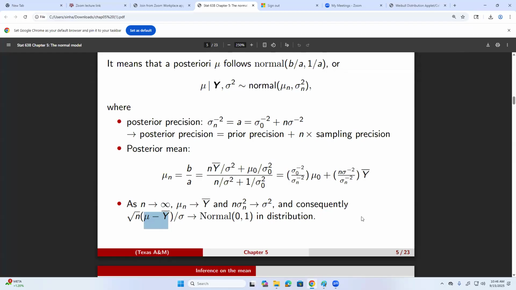So the centered and scaled posterior distribution of mu converges to the standard normal distribution. This is the consequence if you have a very large sample size, in this scenario where your observations come from the normal distribution and sigma square is known.